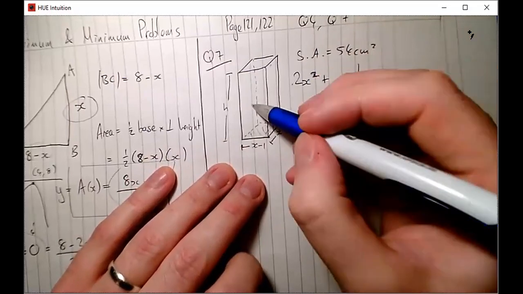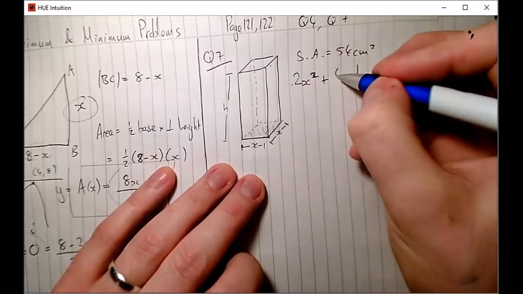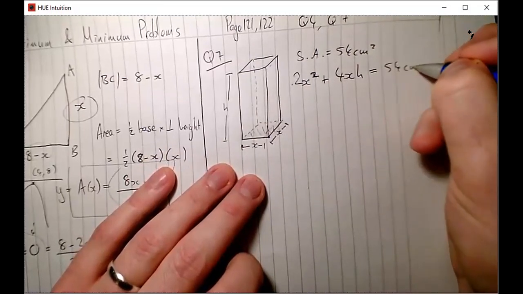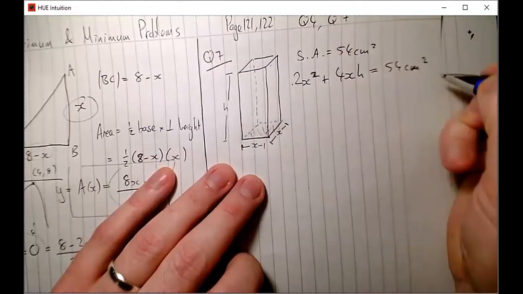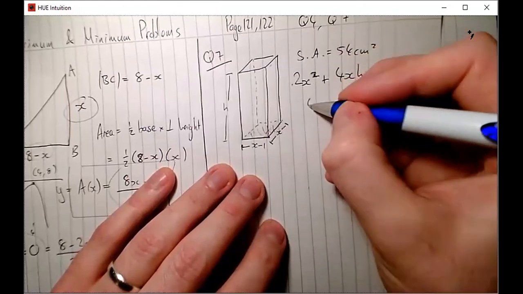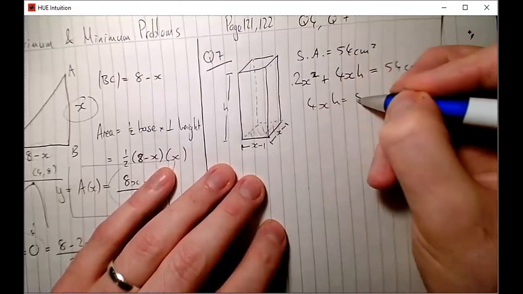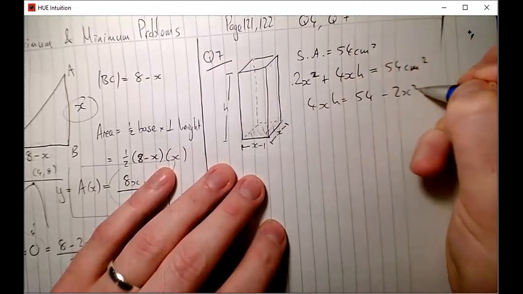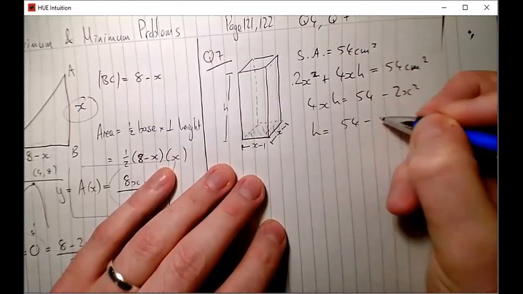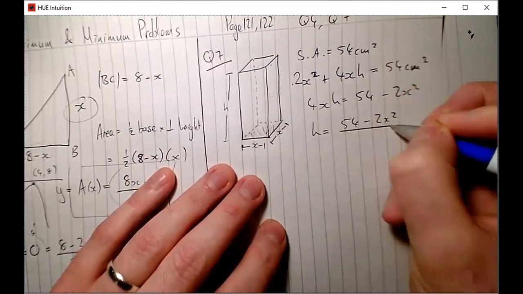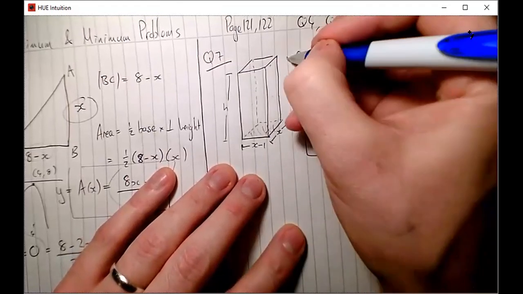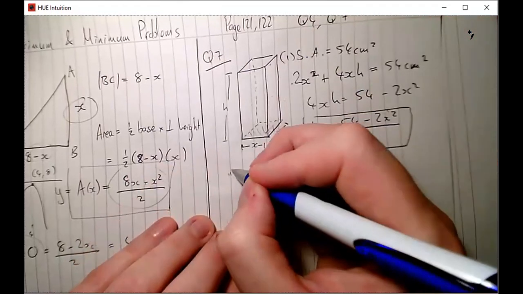And we've got 1, 2, 3, 4 identical rectangles. So there's our area expression, and that's equal to 54 centimeters squared. So for an expression for h, you're going to move that 2x squared over. You're going to say 4xh is 54 minus 2x squared, and the height can be given as 54 minus 2x squared over 4x. So there's an expression for the height of our rectangle.